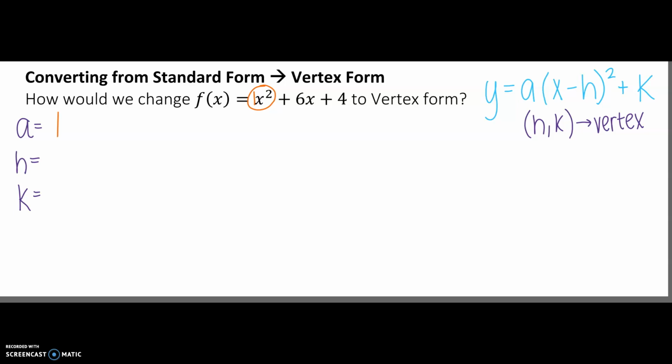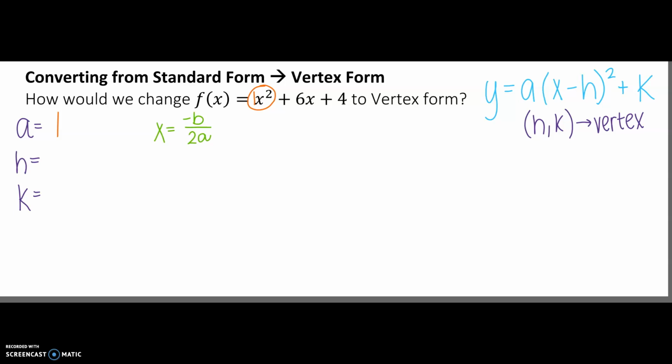Next, I'm going to find my h value. Remember in our previous video, we talked about how h can be found as the x value of the vertex, and the x value of the vertex is also our axis of symmetry. And we've learned prior in this unit that we can find our AOS, our h value, by using the formula x equals negative b over 2a.